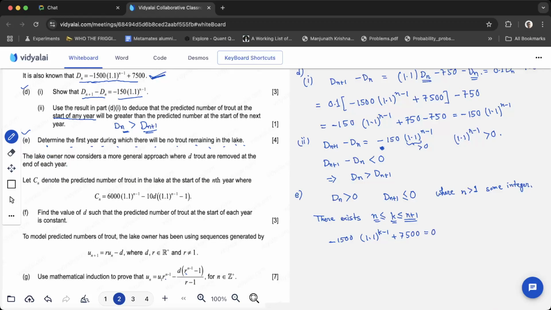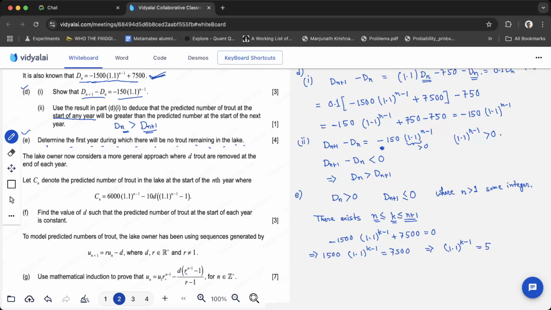So this is an equation to solve. We just rearrange this equation by taking one term to the other side. Observe that 15 is a factor of 75. In fact, 15 into 5 equals 75. So we have 1.1 to the power k minus 1 equals 5.